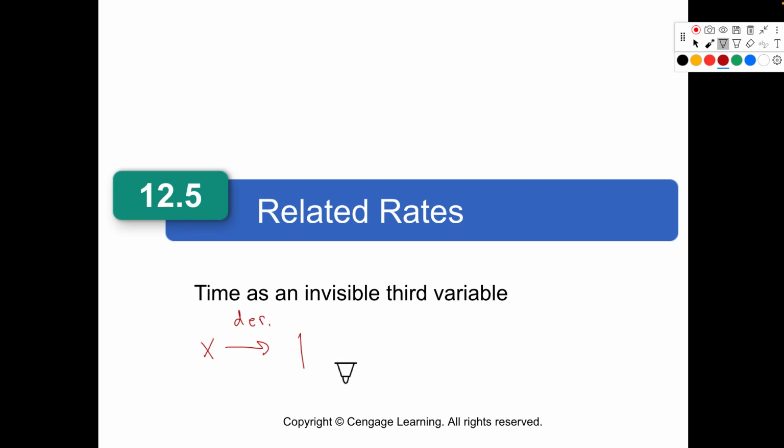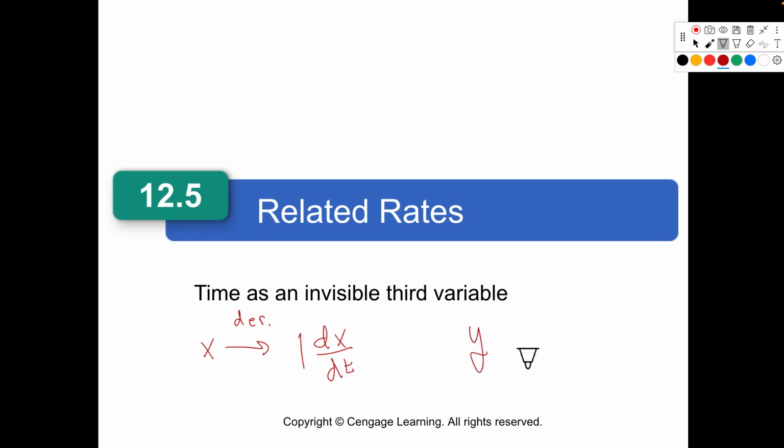But it would be dx, changing with respect to time. Okay, so the derivative of x is 1, but because it's changing with respect to time, not with respect to y or anything else, we'd say it's 1 times dx over dt.